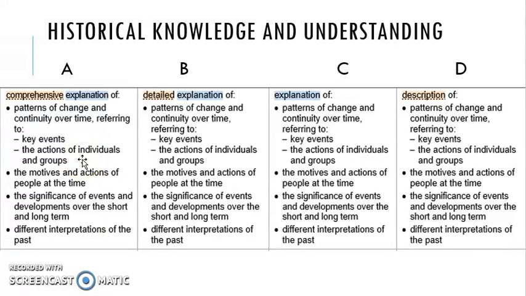So this could include key people who perhaps invented certain technologies, or groups of people such as children, women, farmers, workers, etc. So that's the first dot point your teacher is looking for.